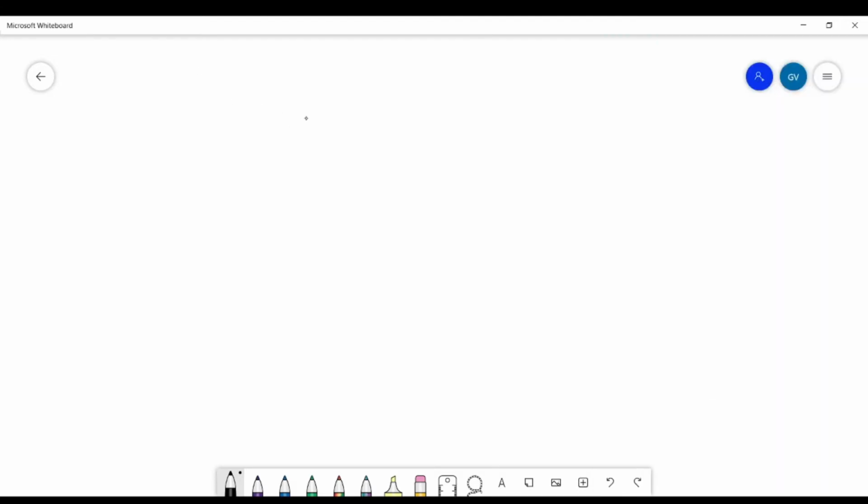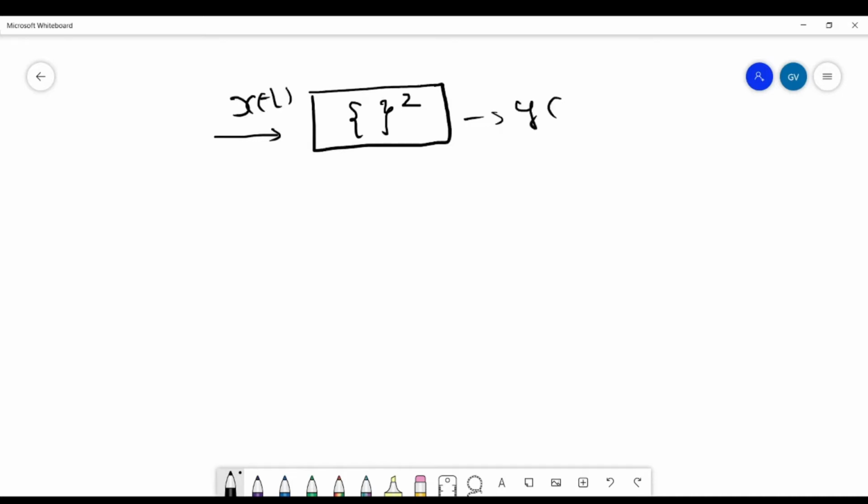Let's suppose we have a system which does a mod of square. So this is x of t and this is y of t. Let's suppose x of t is equal to A sine omega naught t. What will be our y of t?